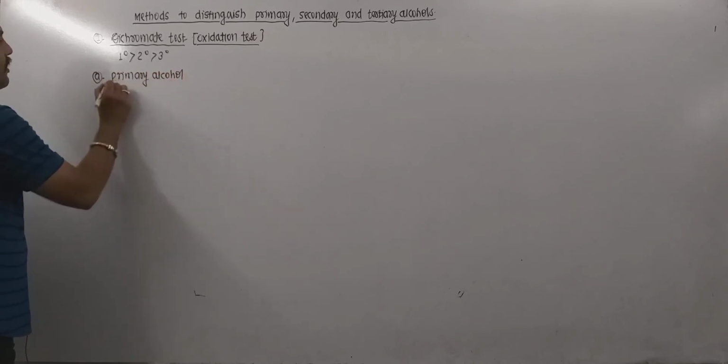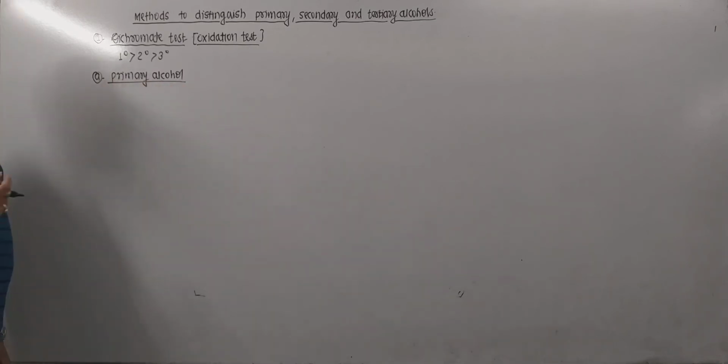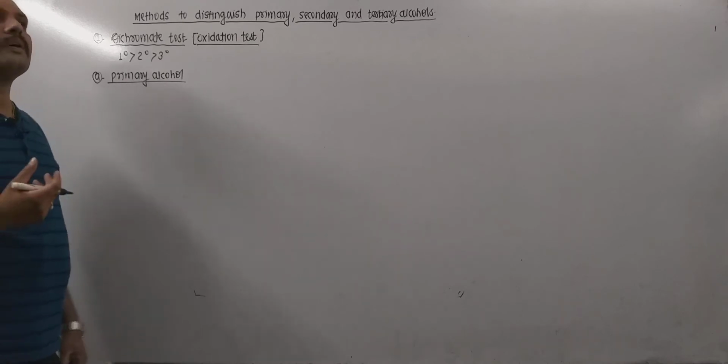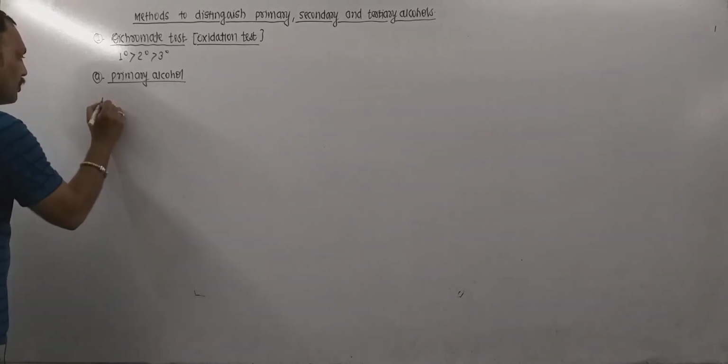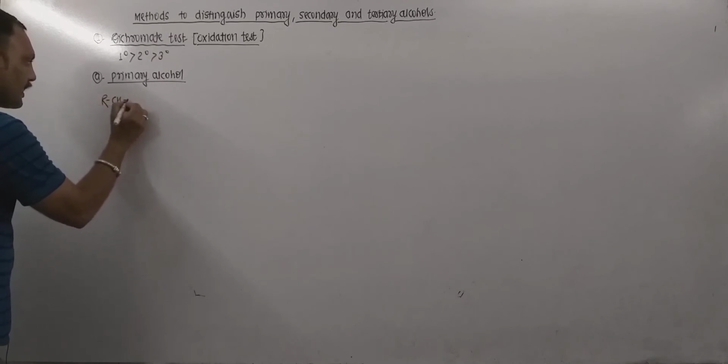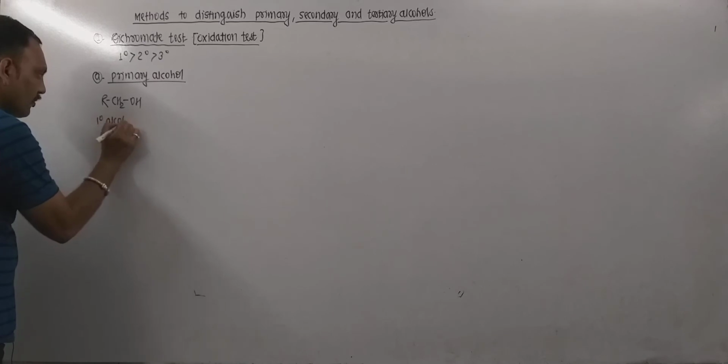So when we oxidize primary alcohol by using acidified sodium dichromate, instead of acidified sodium dichromate one can use potassium dichromate also. So primary alcohols can be represented as, remember it is 1 degree alcohol.